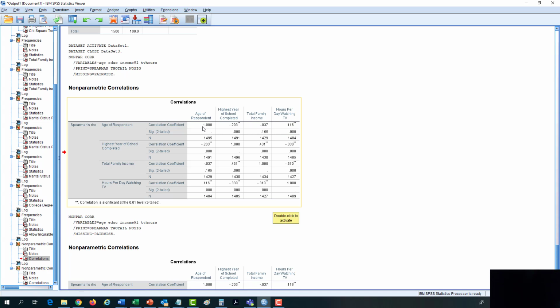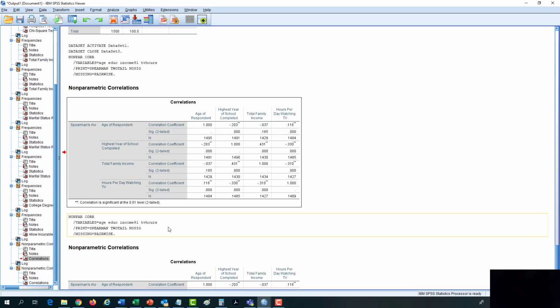And look at this. Here's a diagonal line of perfect correlations. Anytime you see 1.000, that is a variable correlated with itself. So here's age and here's age. There's the intersection. Okay, we don't care about those.